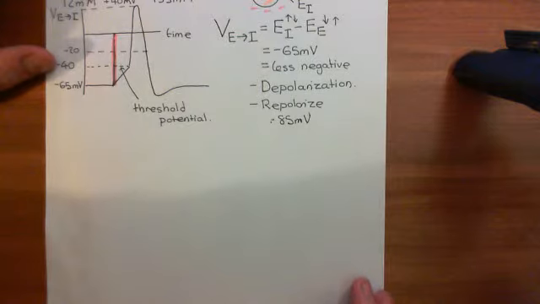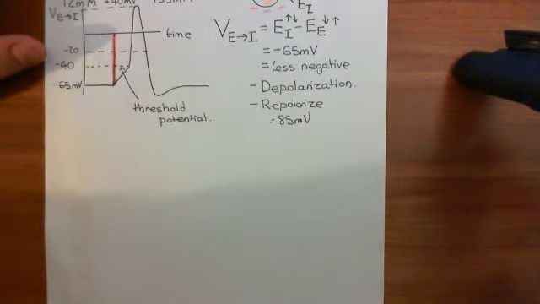Basically, voltage-gated sodium channels have two types of subunit. They have a subunit known as an alpha subunit, and then they can also have one or two beta subunits attached to that. We're going to start by discussing the alpha subunit, because the alpha subunit on its own is actually a functional voltage-gated sodium channel.